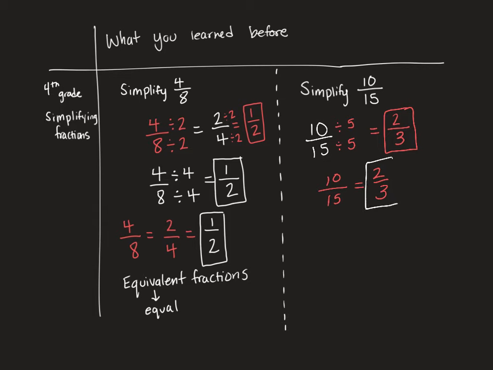And remember, 10/15 and 2/3 are equivalent fractions because they both reduce to the same number. If you reduce it, you get 2/3 for both of those. Those are equivalent fractions.